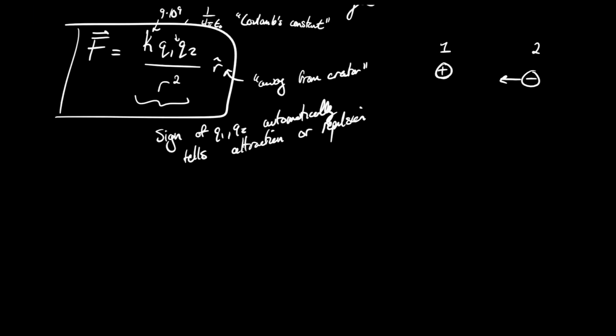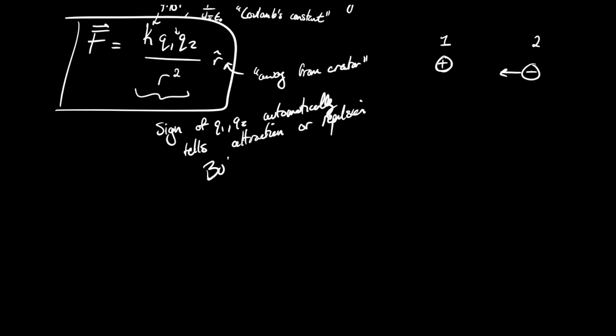But you should also check by hand afterwards if you've gotten the push in the right direction. For instance, it's very easy sometimes to forget r hat points away from the creator and not towards the creator, and you'll sometimes flip a sign.